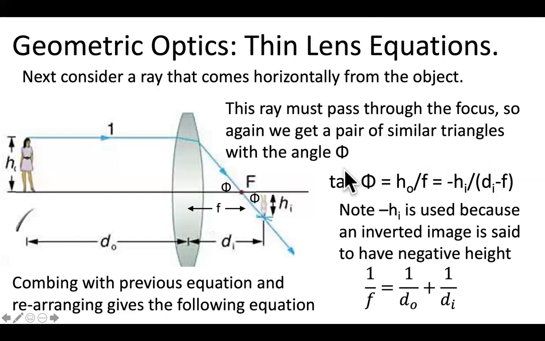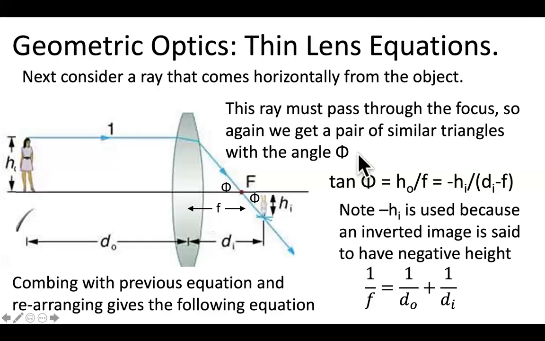Now, that magnification equation also allows us to turn both of these h naughts and hi's into d naughts and di's. Basically, you divide one of the two sides of the equation by, say, hi, and then you get h naught over hi, and you can replace that with d naught over di, or however you want to do it.